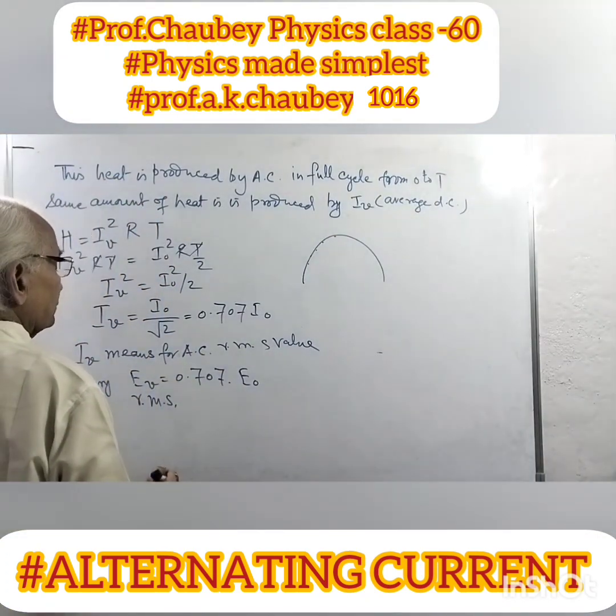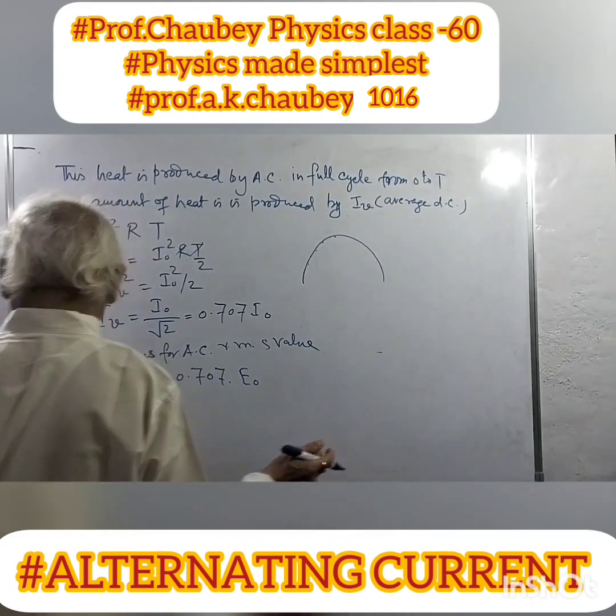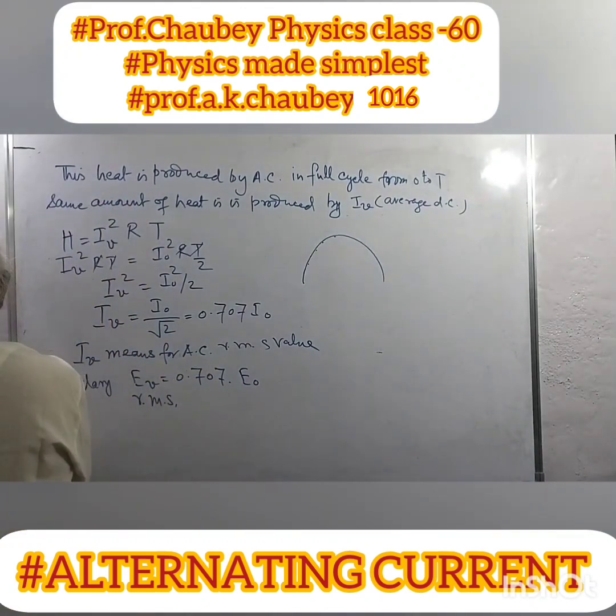So that is the RMS value of the current and the potential. What our meter measures is not the peak value, not the average value, but the RMS value, the root of the mean squares. So this is the current and the potential which we measure.